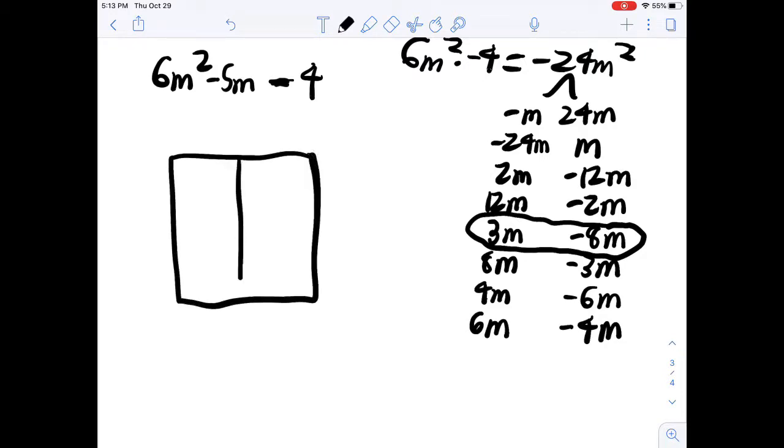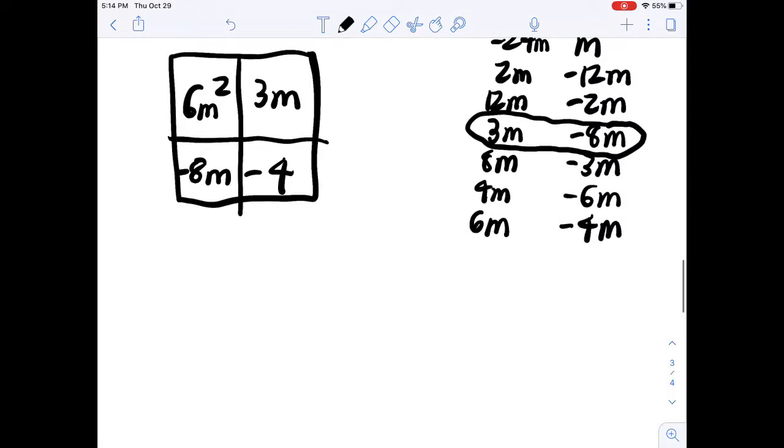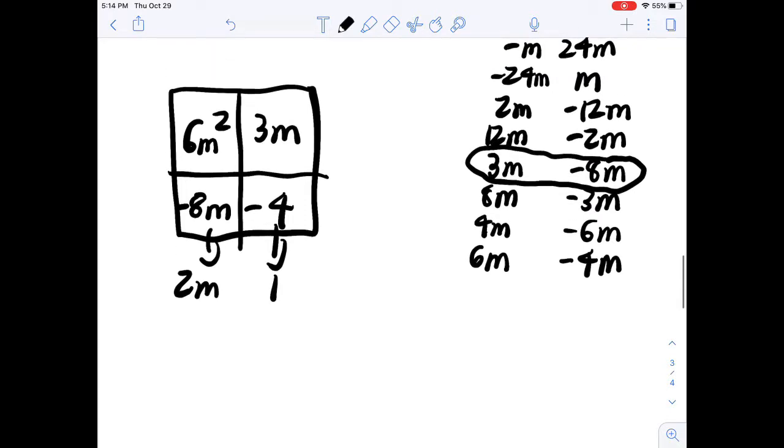And this is the same. We have the first term here and the last term here. And then we add 3m and minus 8m in the empty squares. And we're going to do the same thing here. We're going to find out what's in common in both the rows and both the columns. 6m squared and negative 8m have a 2m in common. 3m and negative 4 have a 1 in common. 6m squared and 3m have a 3m in common.